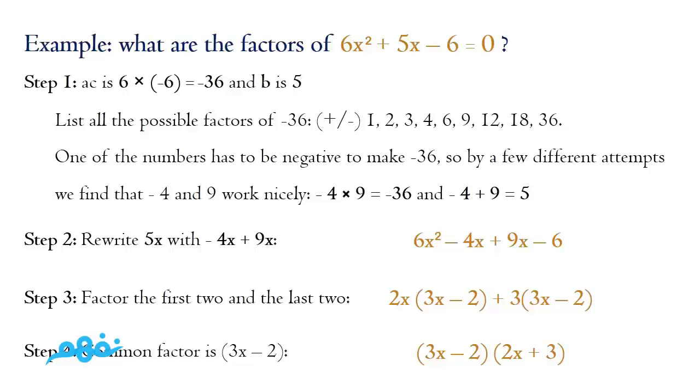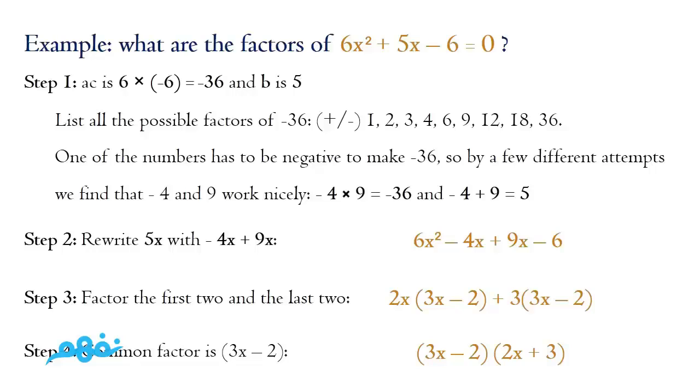You can say that negative 4x plus 9x really equals 5x, but we rewrite them to be able to find another common factor to factor this equation. So the new form will be 6x to the power 2 minus 4x plus 9x minus 9.